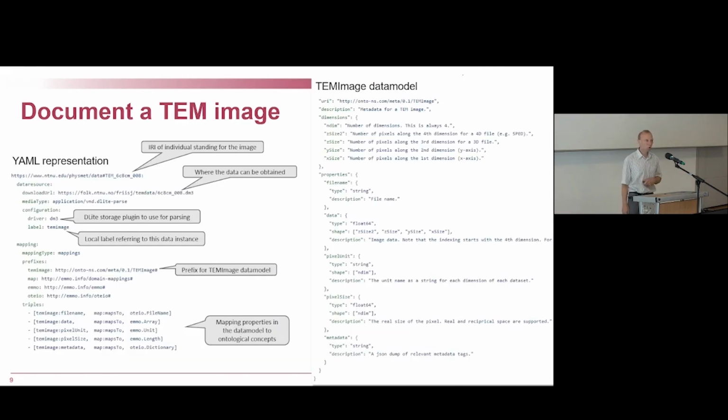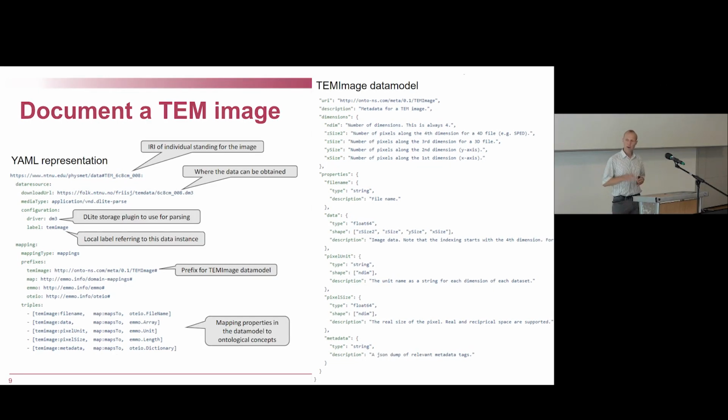So let's look at the documentation of the data set. It's a little distant for me now, but the documentation is done. What you see here is a YAML representation of the data. Of course, that is serialized into RDF in the triple store.